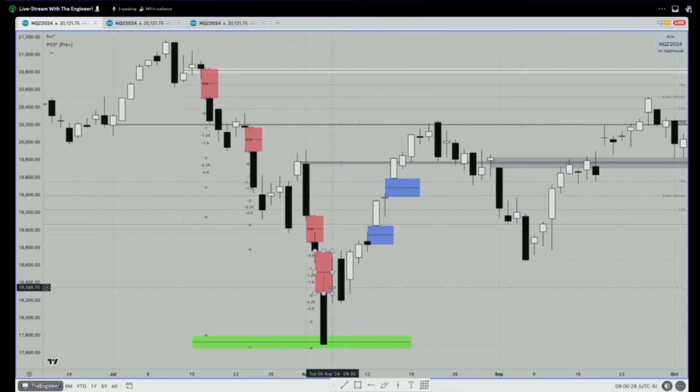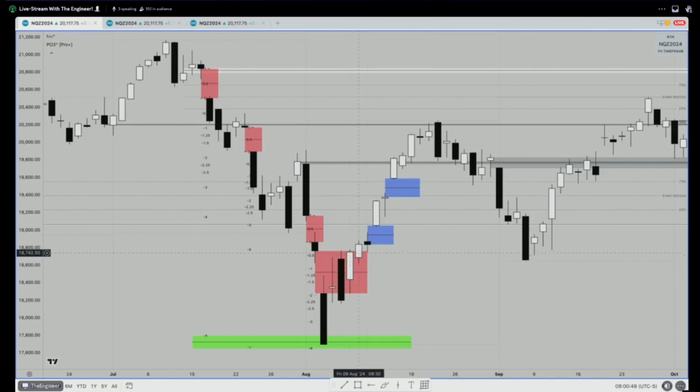The fact that we reach now the 50% of this gap, and now we are leaving it, closing above the consequent encroachment of this breakaway gap, is a change in the state of delivery from a gap perspective, if you want to call it like that. You are now anticipating higher prices from here.